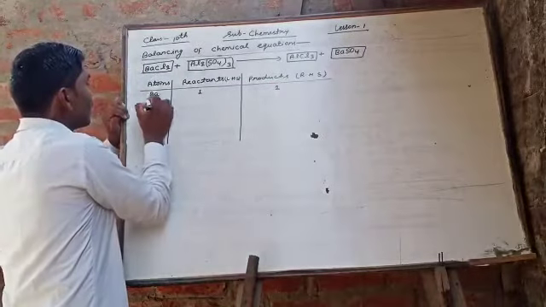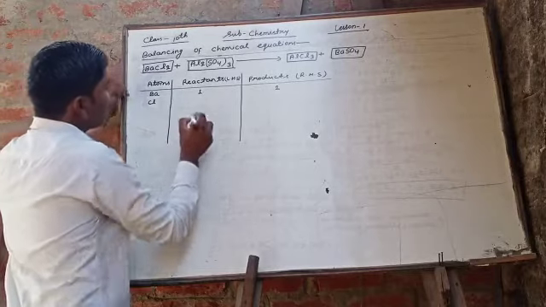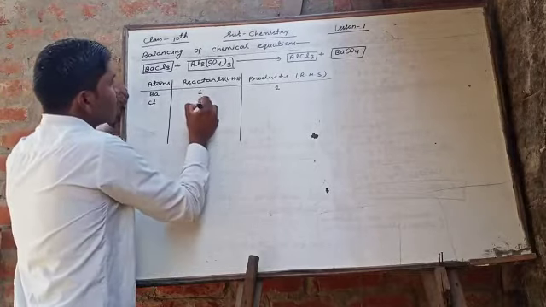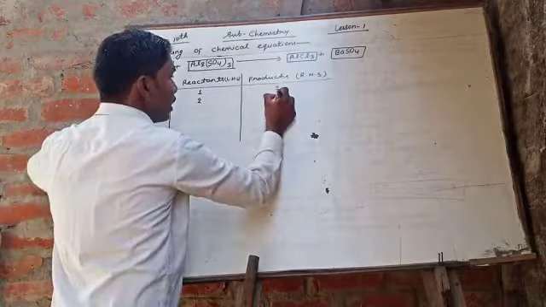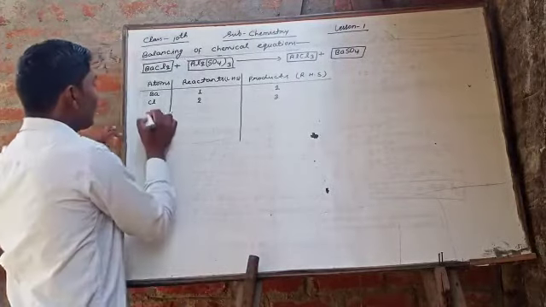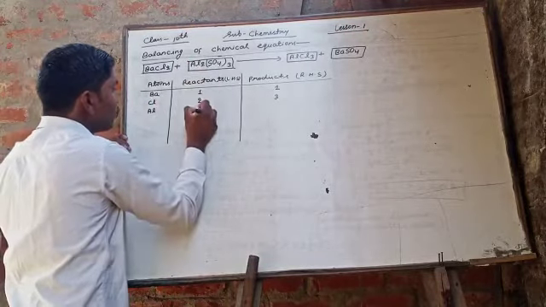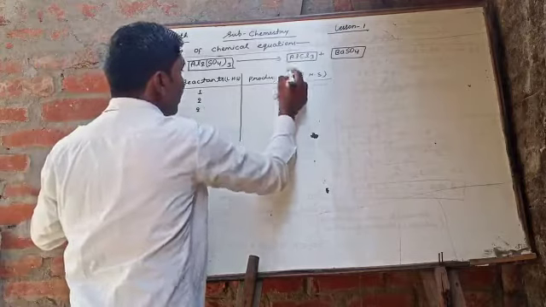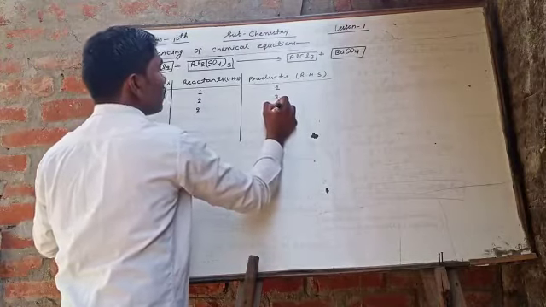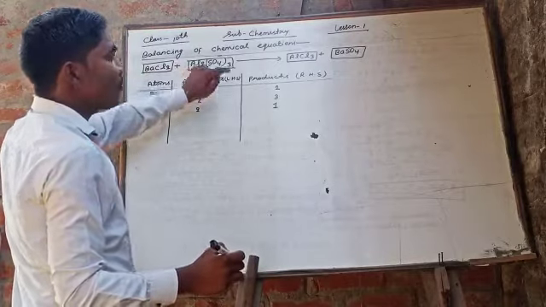After that, chlorine. Here you can see chlorine is 2 and in the products it is 3. After that, aluminium. Here it is 2 and here it is 1. Now you can see the sulfate ion.